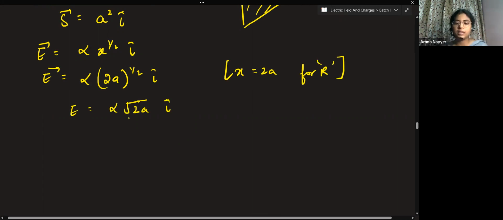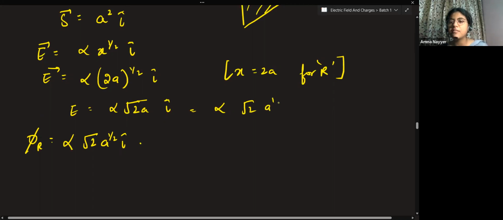This is the electric field. So what will be phi r? Phi r will be alpha root 2a to the power half I cap dot, a to the power half.